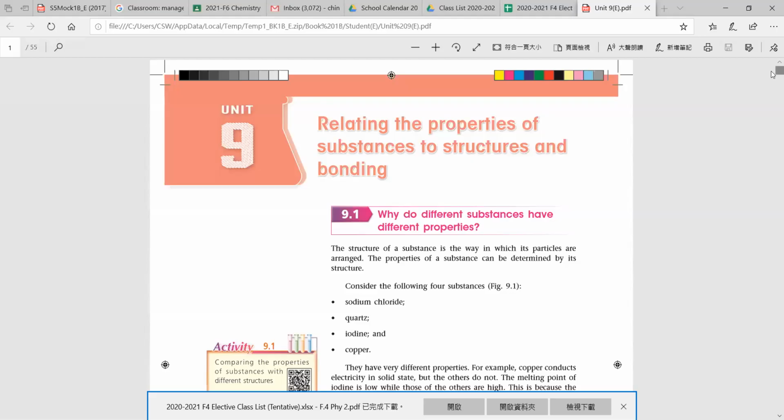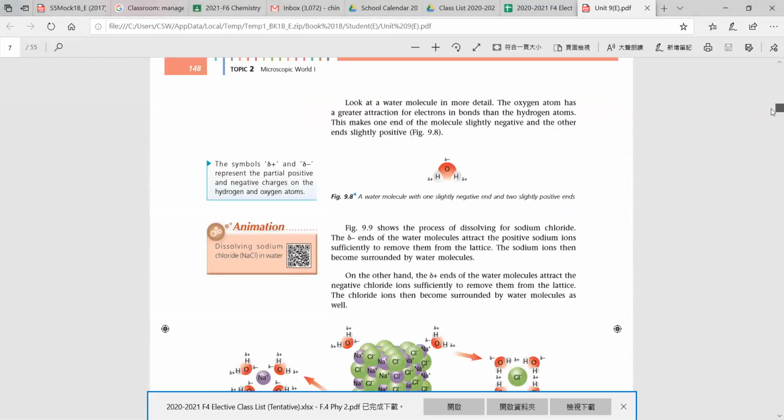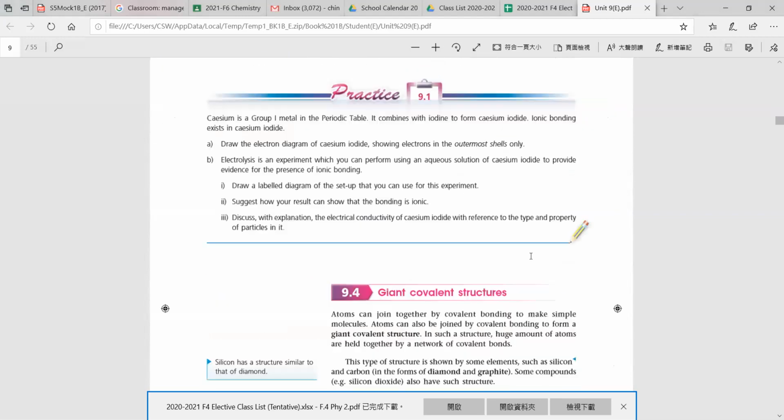So for the first question, they are asked to draw the electron diagram of cesium iodide, showing electrons in the outermost shell. Maybe I need to turn on the screen. I would like to share the screen first of all. This one, okay. So, do you see this?